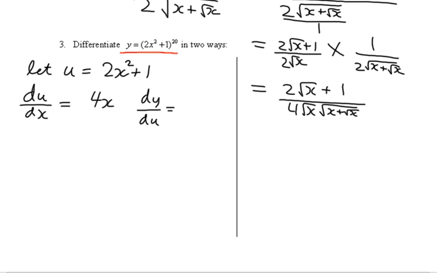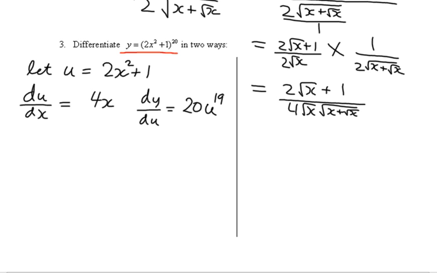So for the Leibniz formula, you will need both of these statements. You'll need the du dx, and you'll need the dy du. The dy du is simply 20u^19. So you have u to the 20th power.